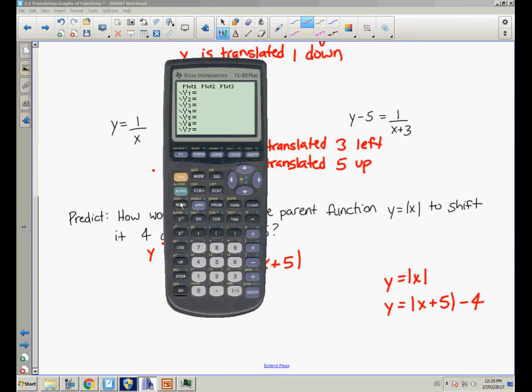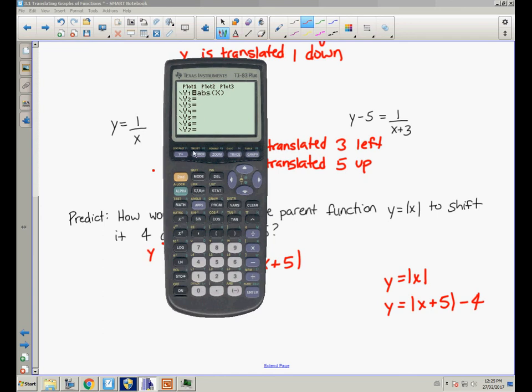Okay, to do an absolute value in here, we're actually going to have to hit our math button and go down to find absolute value. We find it under the number tab, so absolute value is right here. So absolute value of x.